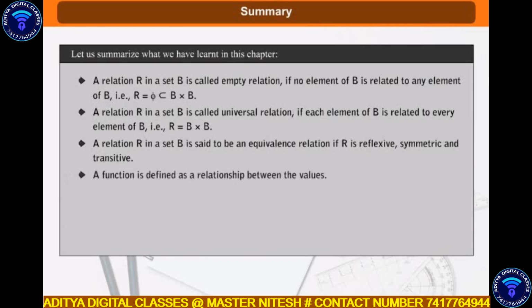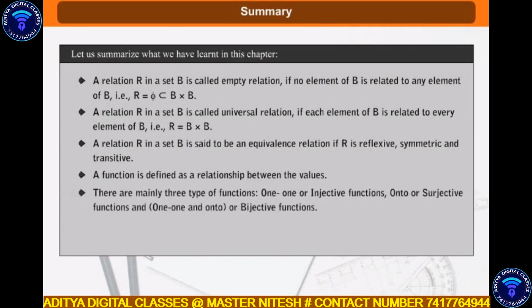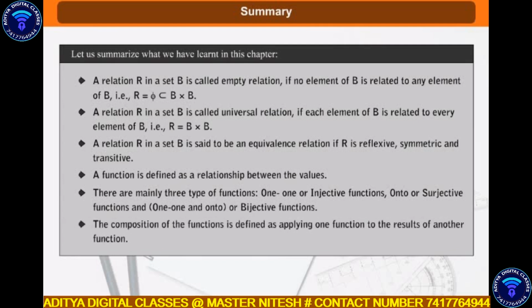transitive. A function is defined as a relationship between the values. There are mainly three types of functions: one-one or injective functions, onto or surjective functions, and one-one and onto or bijective functions. The composition of functions is defined as applying one function to the results of another function.